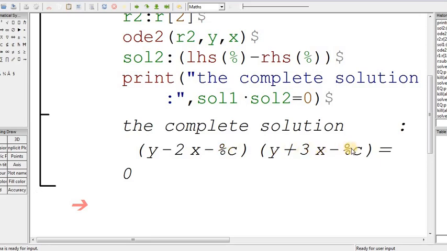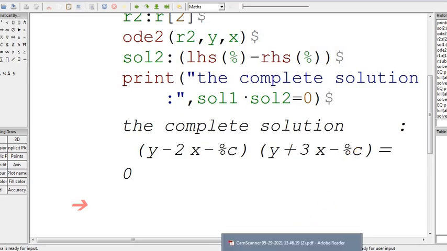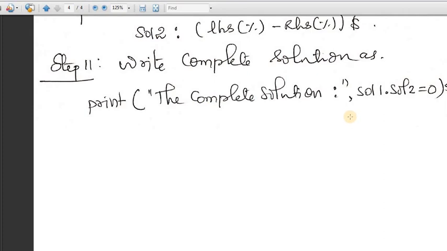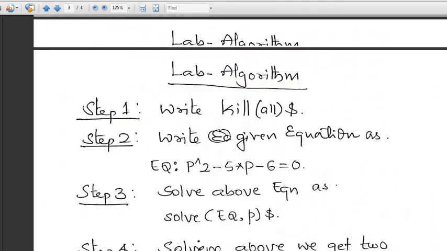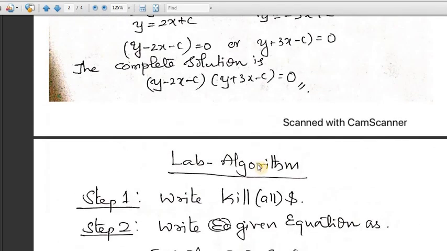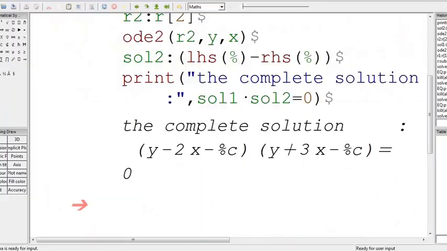The same solution we got in the manual solution. If you want to see that, just check it out. What is the problem we have done? Let me show that solution here. See here, y minus 2x minus c, y plus 3x minus c. The same solution matches the program solution.